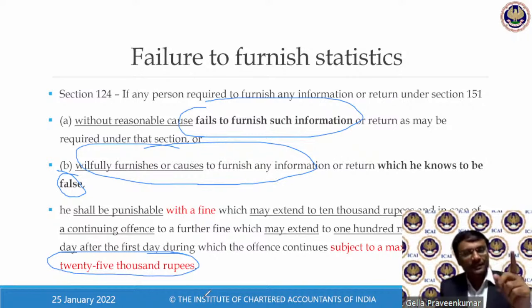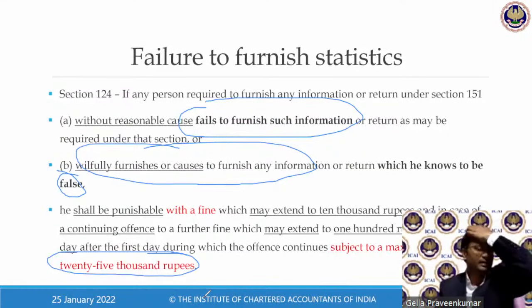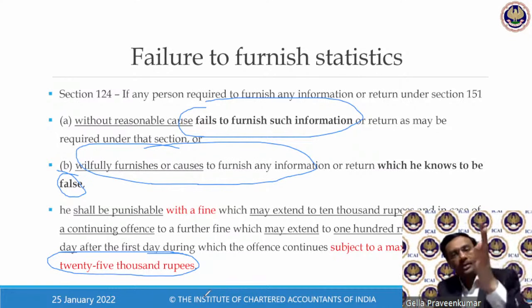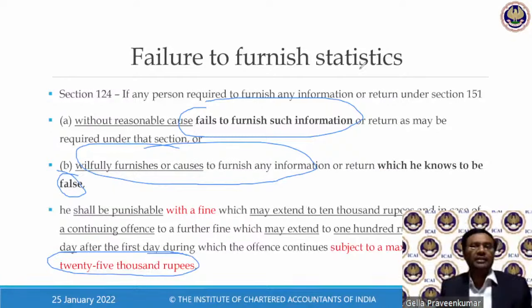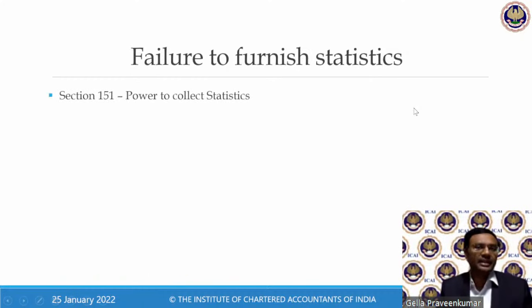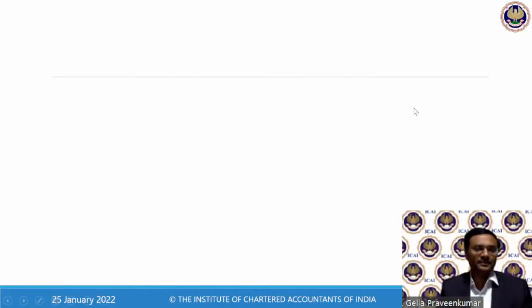So here, a penalty of 10,000 straight away, and again after giving further time, if not furnished, this offense of 10,000 can go up to a maximum of 25,000. Now, why are these provisions brought in? Just to bring seriousness to the person who is supposed to give the information but is not doing so.